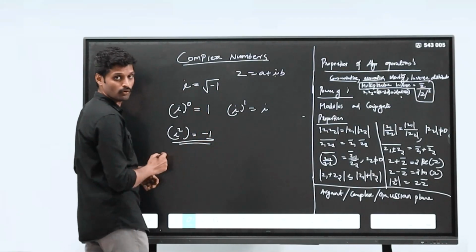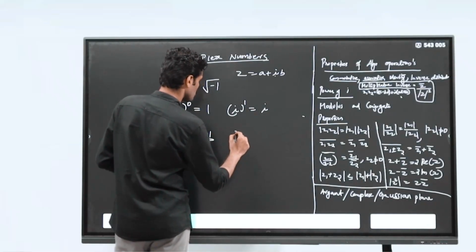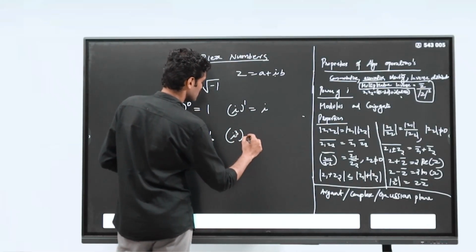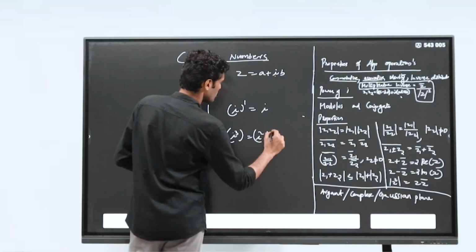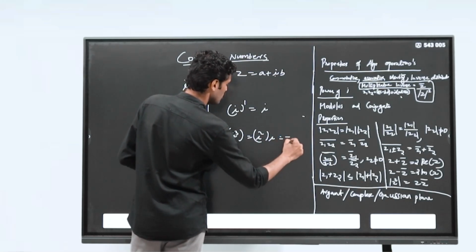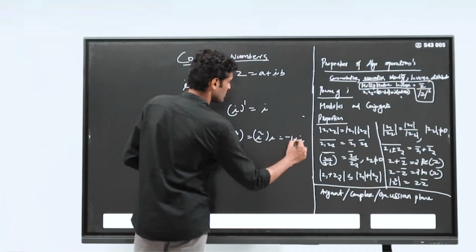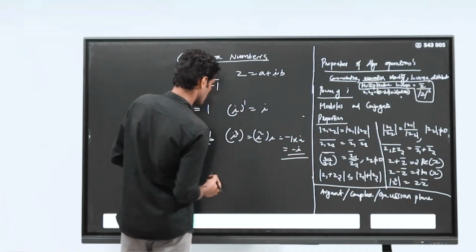So it's very, very important. And I cube, we can write it as I square into I. That means I square has the value minus 1, into I, that is minus I. Okay, I cube.